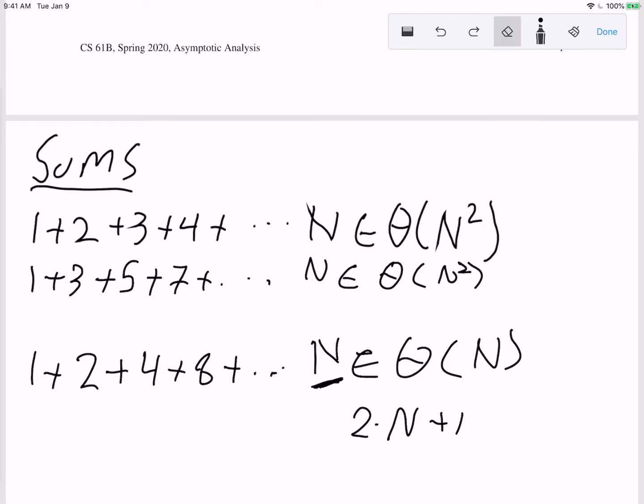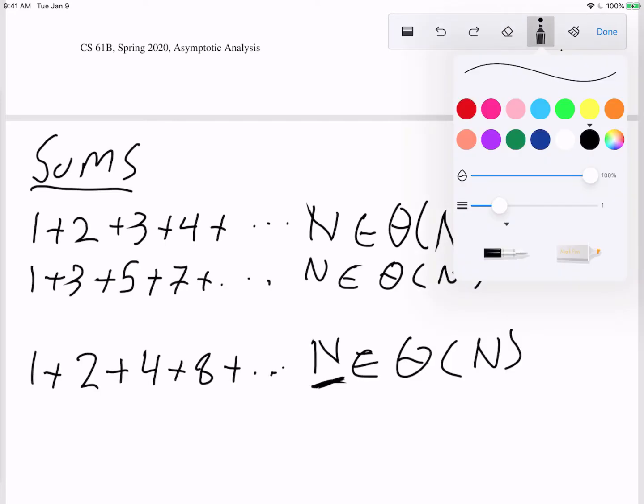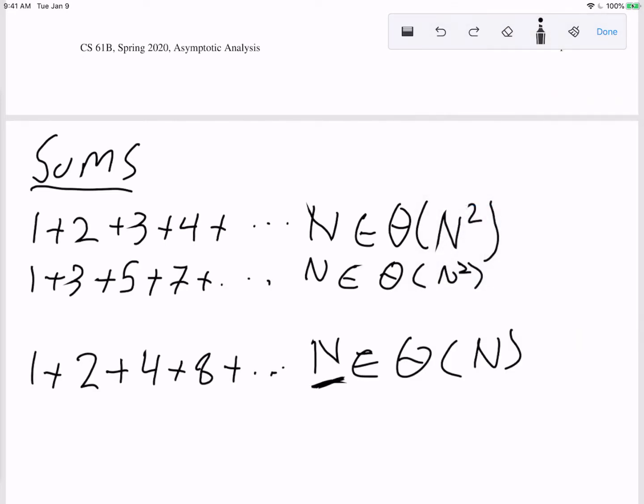But the key idea is that the last term basically captures the entire sum for geometric ones. And we didn't have to multiply by 2. We could have multiplied by 3 or 4 or whatever, as long as it's some constant.